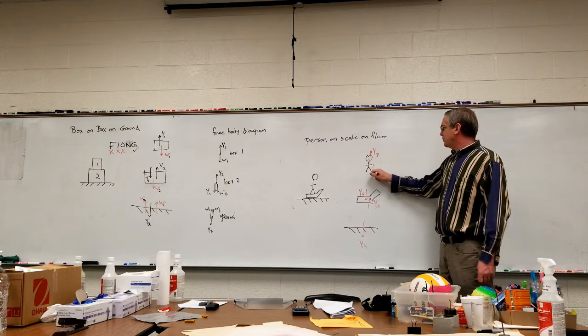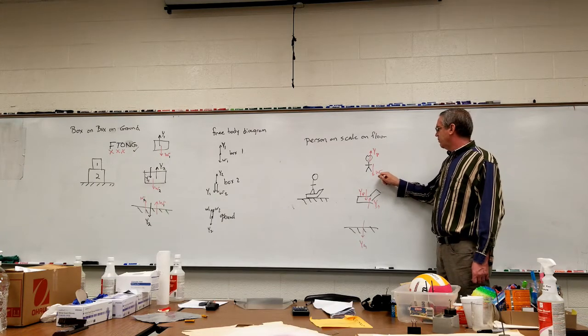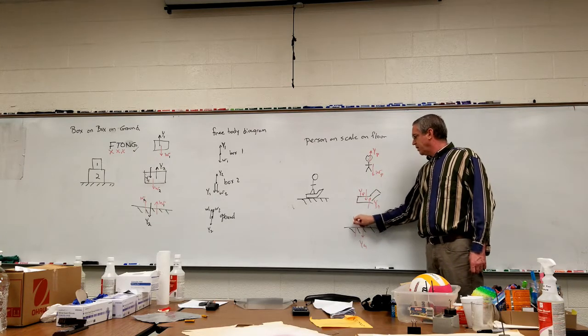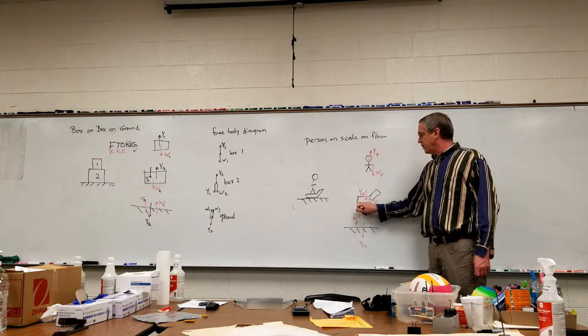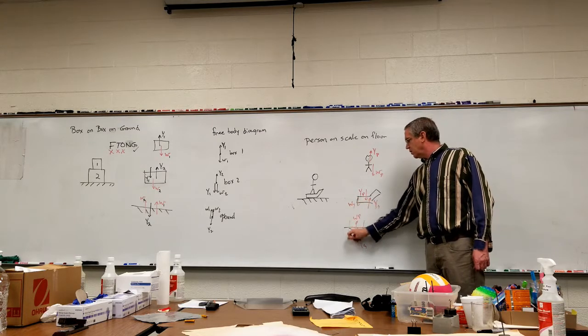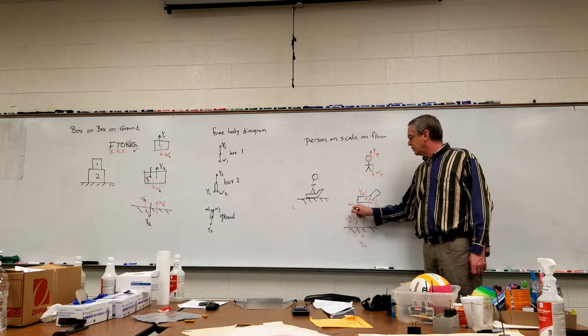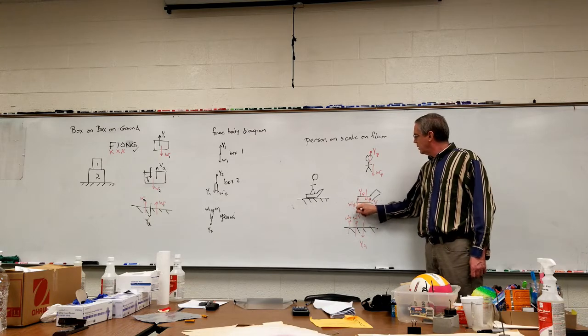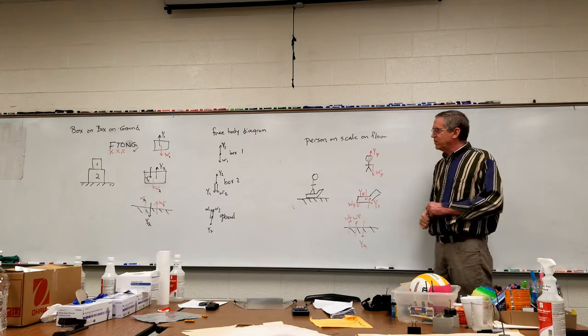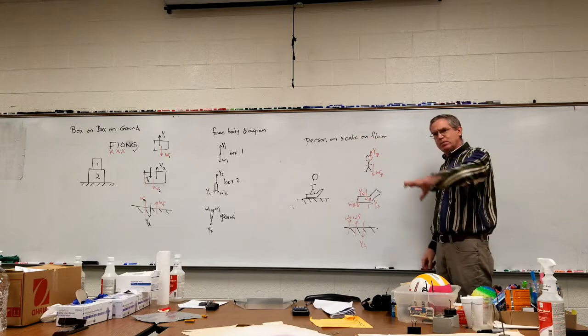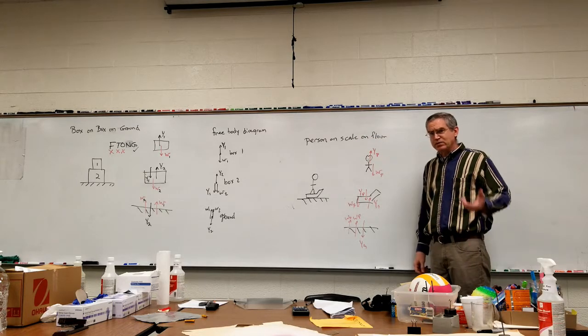There's weight involved, so I have weight of the person and weight of the person, and then weight of the scale, weight of the scale. Take a moment just to convince yourself that it's the same other than subscripts. Pause it if you need to.